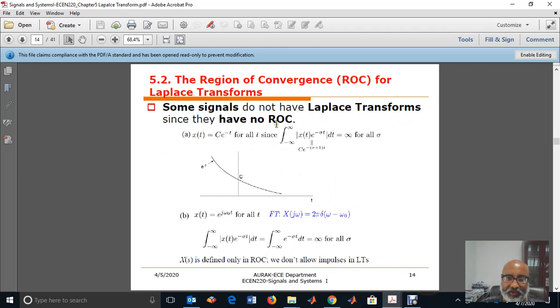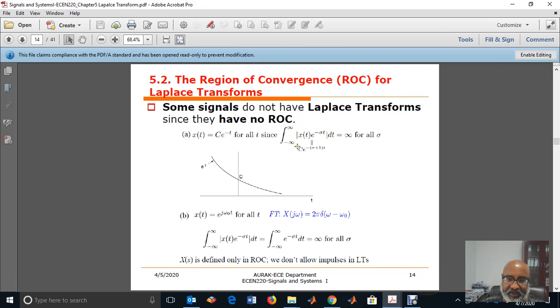Some signals do not have a Laplace transform since they have no region of convergence. For example, if you have x of t equal to c times e to the power of minus t for all t, then, if you remember from the definition, for the Laplace transform to exist, the absolute value of x of t multiplied by e raised to sigma t dt should be absolutely integrable.